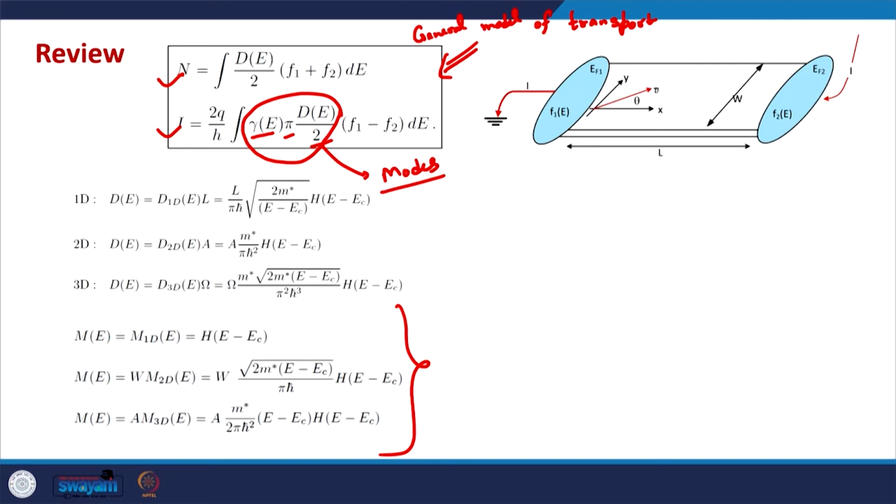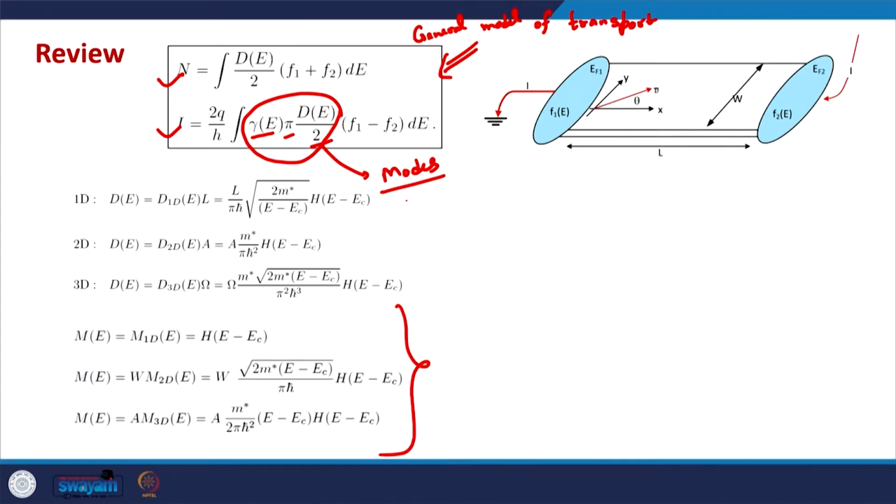They are actually the pathways, the broadened energy levels, through which the electrons basically transport. This is defined as the modes and is represented as M(E), and these are the expressions for the modes in 1D, 2D and 3D conductors.